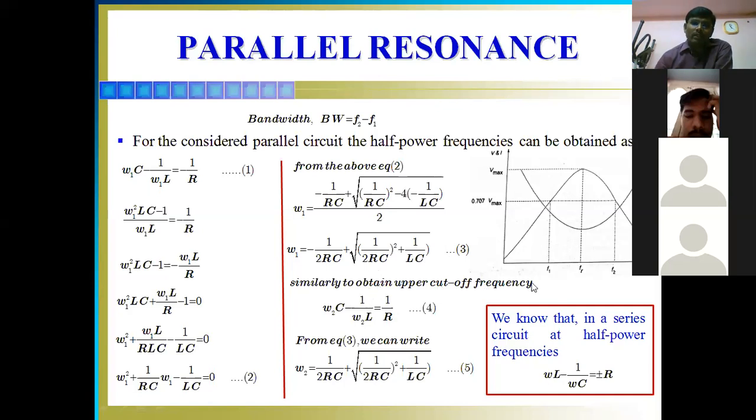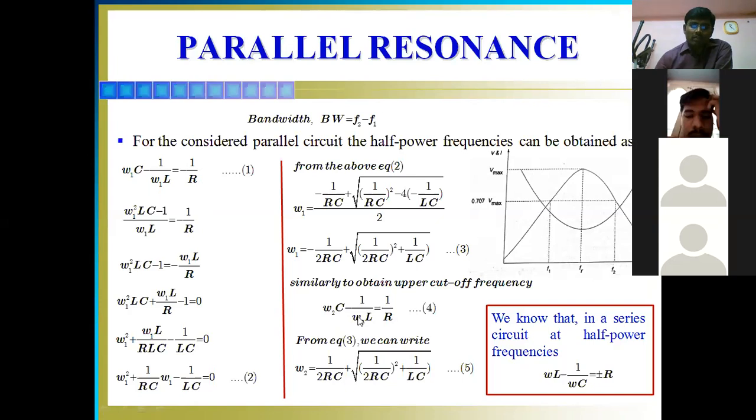Similarly, to obtain the upper cutoff frequency from this equation, we can write omega 2 C minus 1 by omega 2 L equal to plus 1 by R. If it is plus or minus R, you should consider minus for the lower cutoff frequency and plus for the upper cutoff frequency.